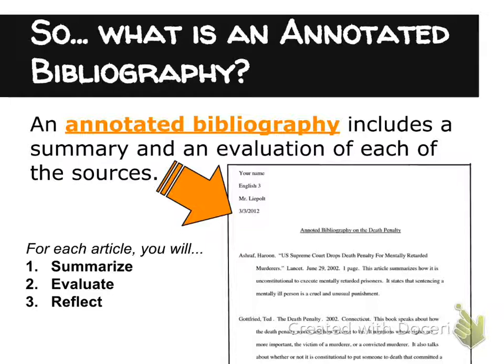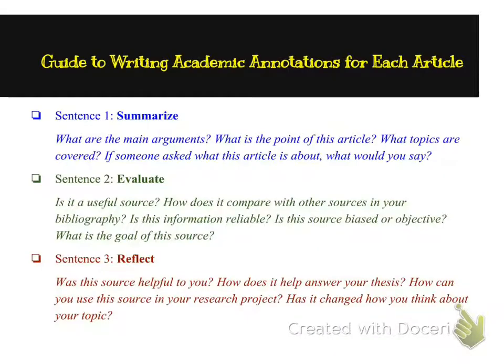So I want to guide you through this process right now so you get a chance to see how it's done, and then you'll be doing it. You're going to get a handout that looks similar to this, which describes what you're going to do when you start the annotations, but we'll come back to that.